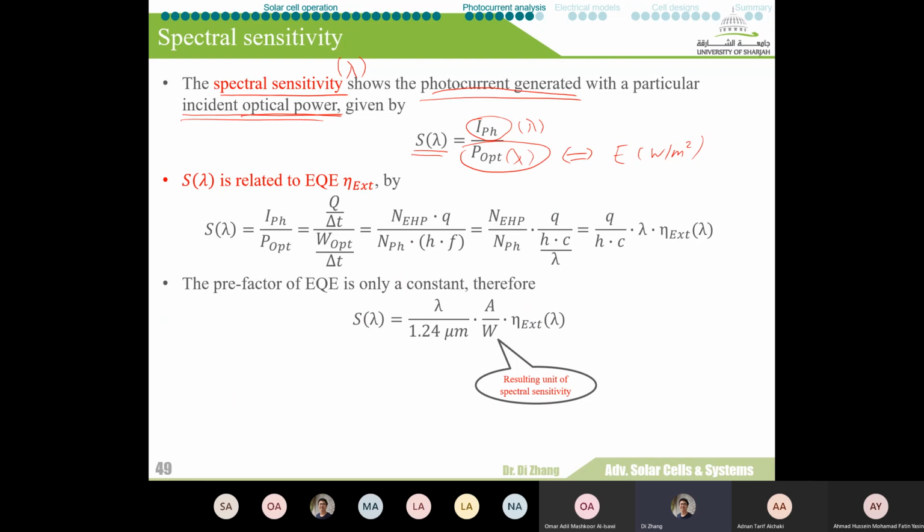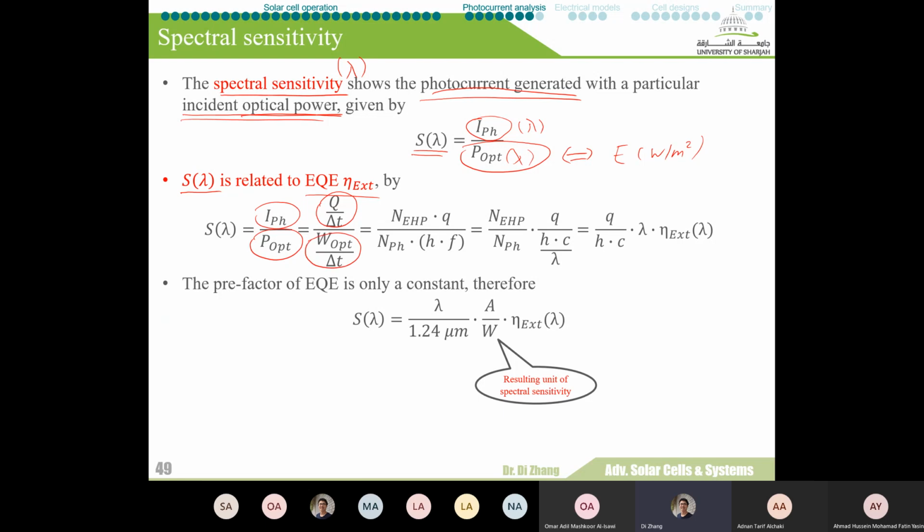In fact, the sensitivity is directly related to the quantum efficiency. If you think about it, the photocurrent equals charge per second, and the optical power equals energy per second.